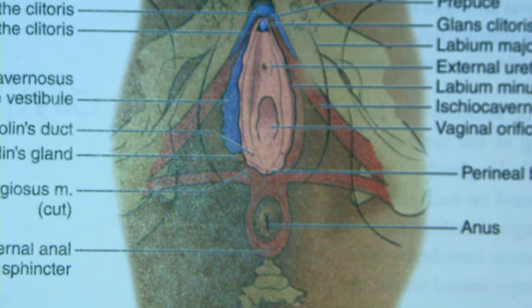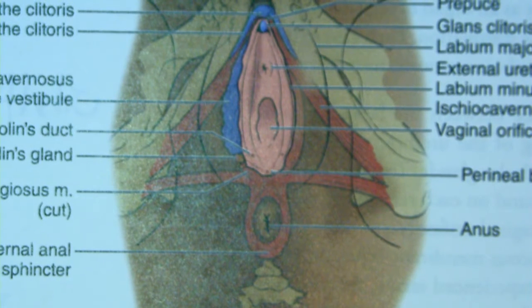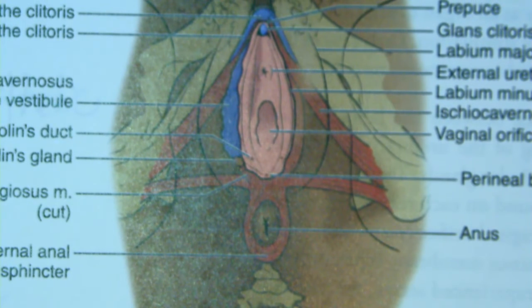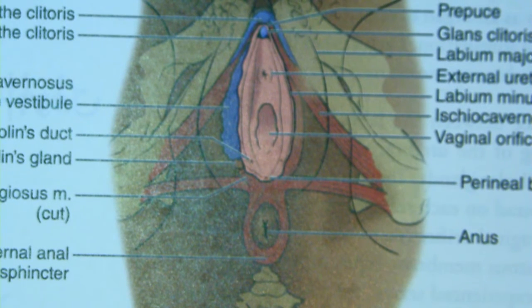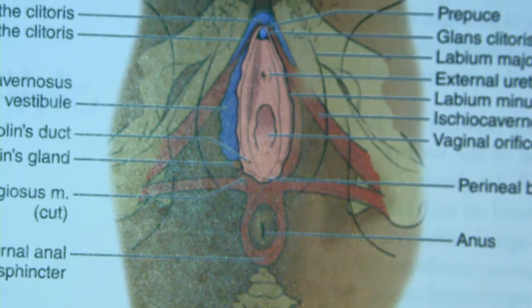Yeah, good. Bartholin's gland. Bartholin's gland is homologous to what structure in males? Cowper's gland. What's another name for Cowper's gland? Bulbourethral. What's another name for Bartholin's gland? Yeah, greater vestibular gland. That's four test questions right there, just from that one content.